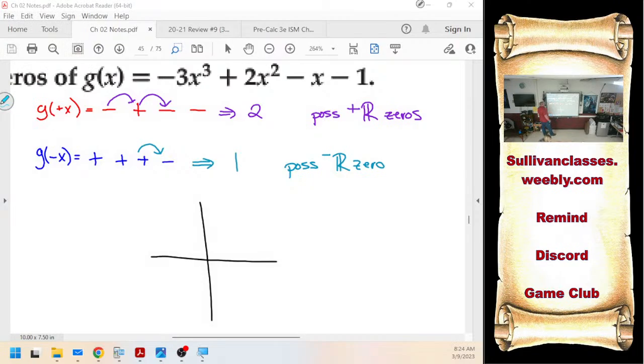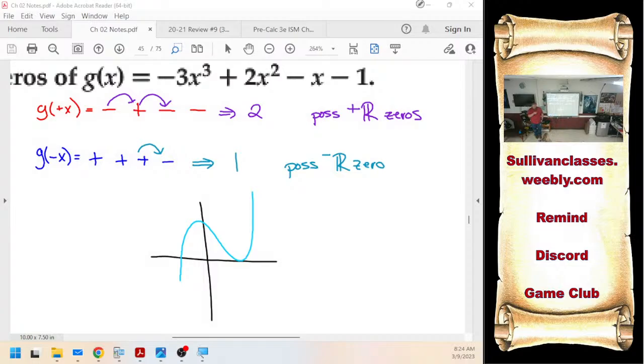Remember, how many total possible real zeros could a cubic have? So I'll just draw a generic cubic with 3 zeros. Right now, that cubic has how many negative real zeros? 1. How many positive real zeros? What if I move the cubic to right there?